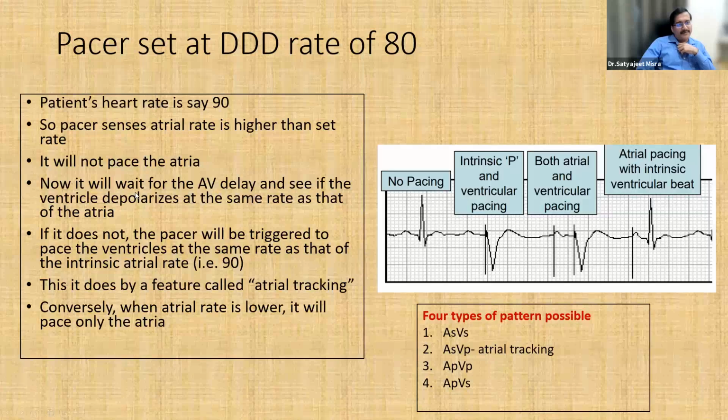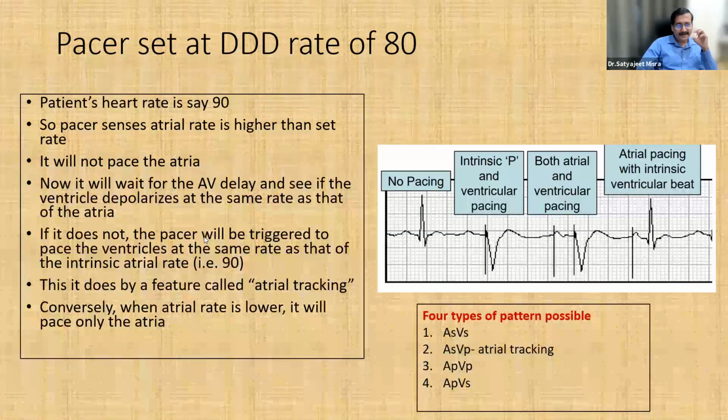It will now start the AV delay. Once it starts the AV delay, it will see whether the ventricle is depolarizing at the same rate as the atria. If it doesn't sense a ventricular QRS complex at that time, it will pace the ventricle. The rate at which it's going to pace the ventricle is not 80, but 90, and that's because of the atrial tracking.